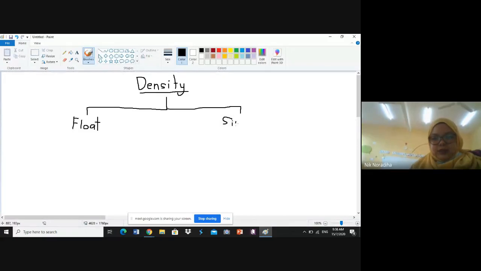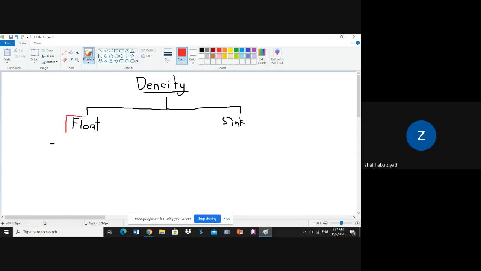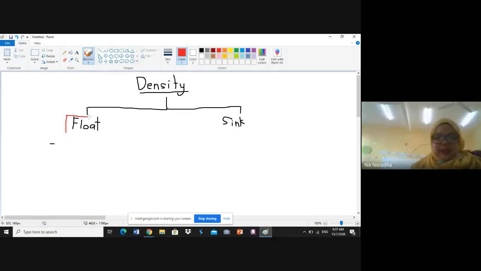In order for things to float, they must be more dense or less dense? Less dense. All right. So, write inside your book.